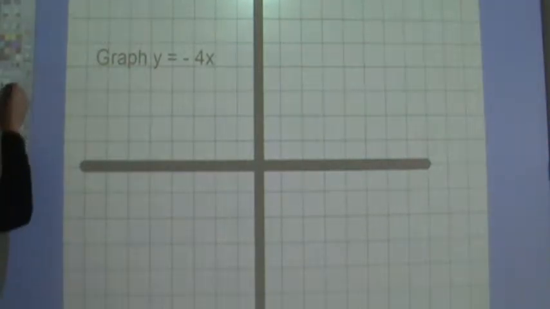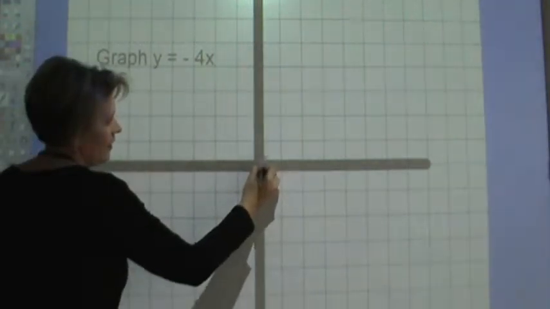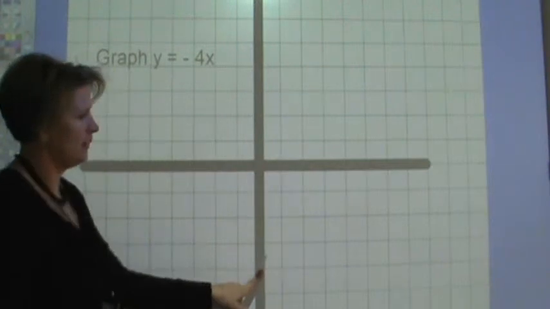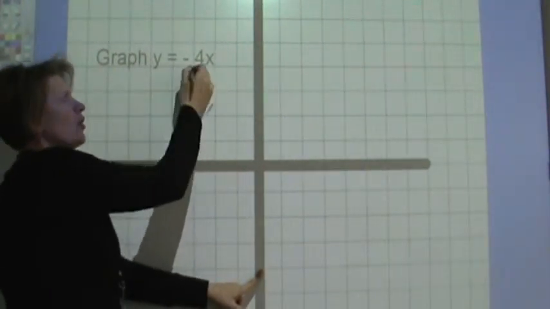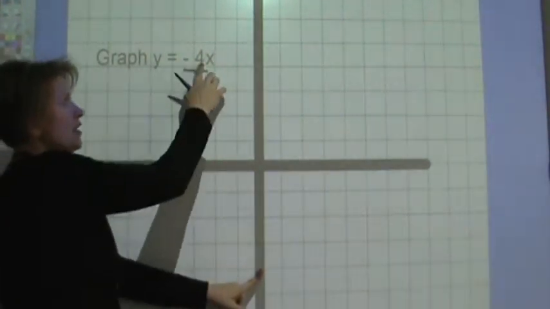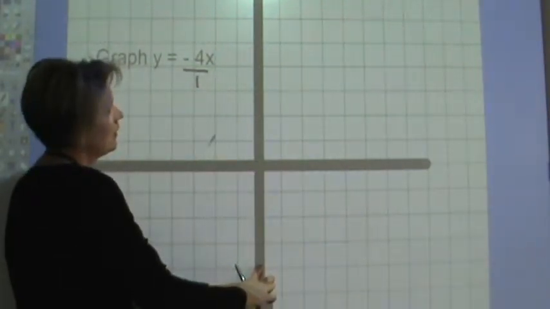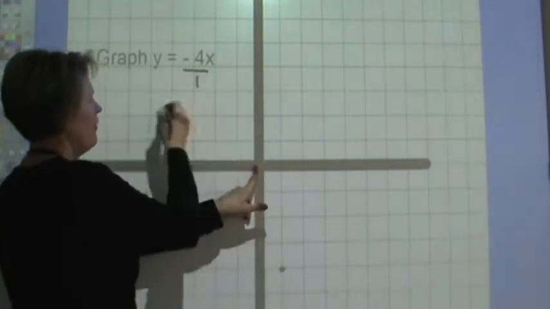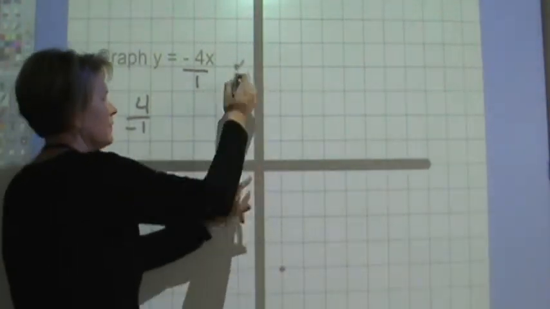Okay, -4x. We're going to start at the origin again and go down 4. Well, I can't stop there, otherwise I don't have any kind of slope. Any number over 1 is still itself, so this can be thought of as -4 over 1. So I go down 4 for my rise, and then my run would be 1. If I did 4 over -1, I'd go up 4, then back 1.